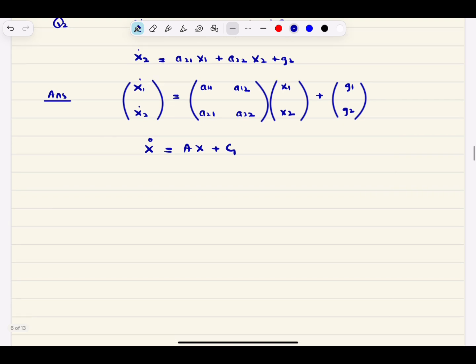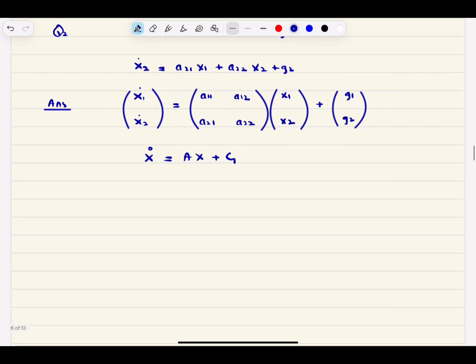Okay, so since g consists of simply constants, for the particular solution we can assume that we have a constant solution. Therefore the derivative is going to be 0.